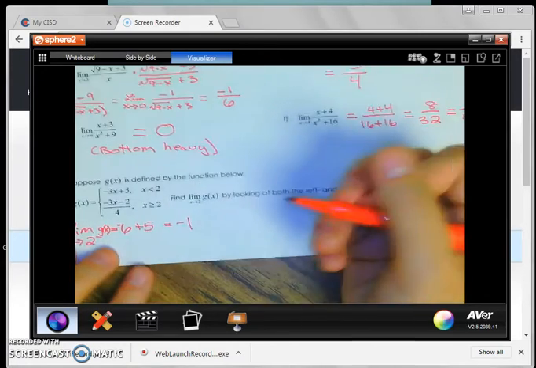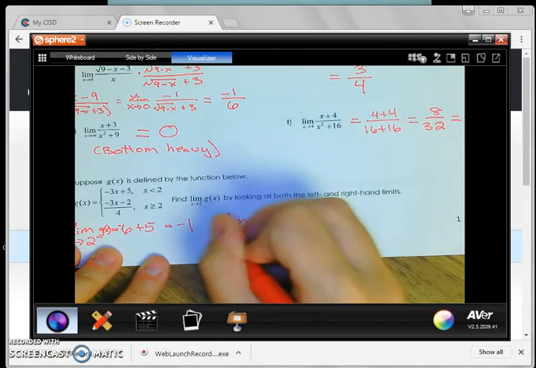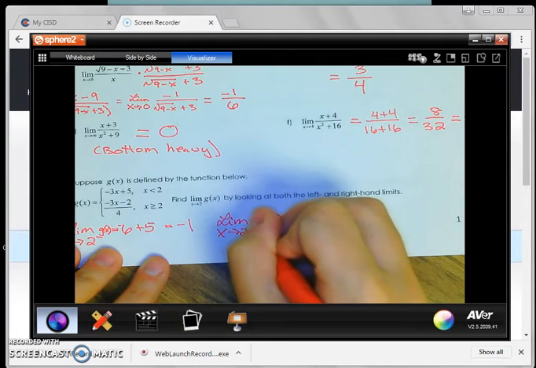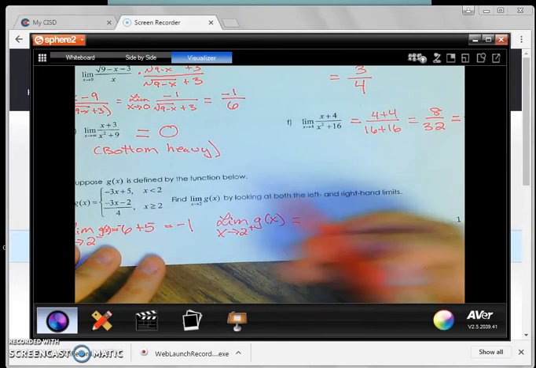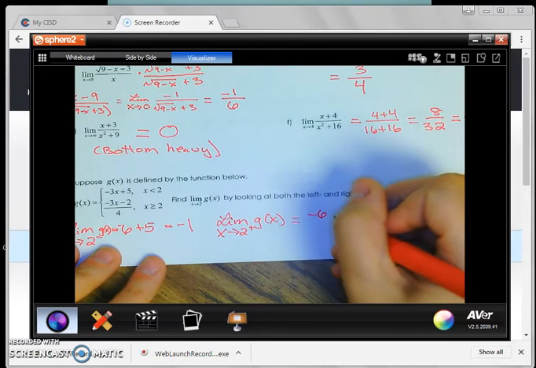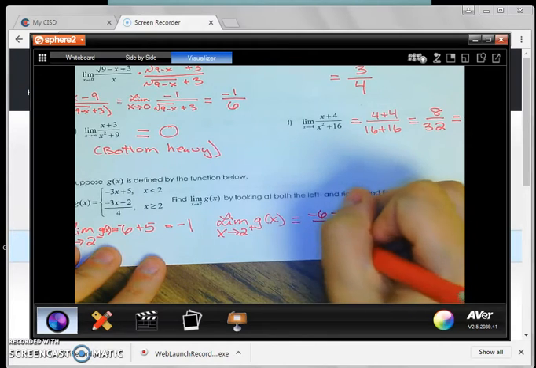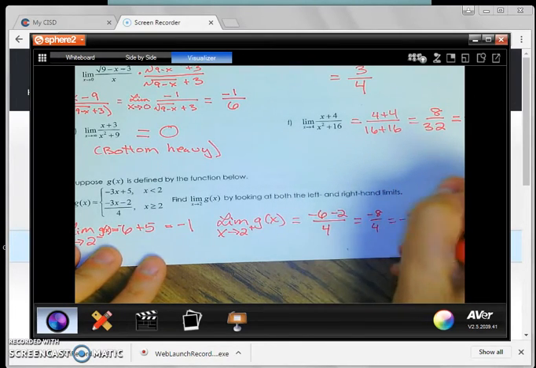Now I need to take the limit of g of x as x approaches 2 from the right. So now I plug in 2 to this bottom part, and let's see, what does that give me? 2 times 3 is negative 6 again, and minus 2 over 4. So negative 8 over 4 is negative 2.